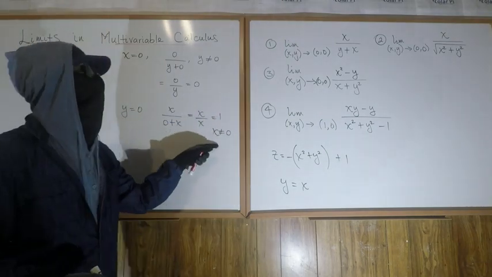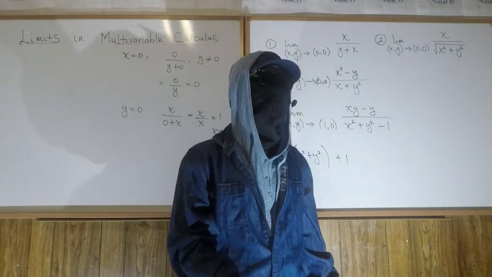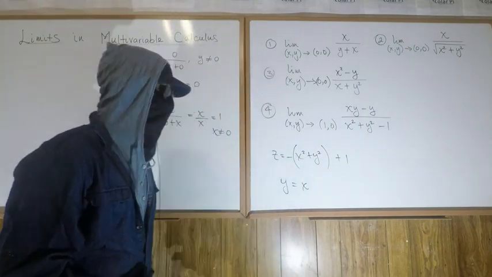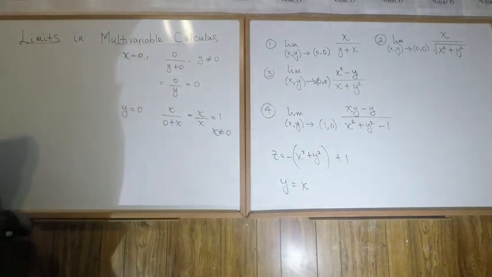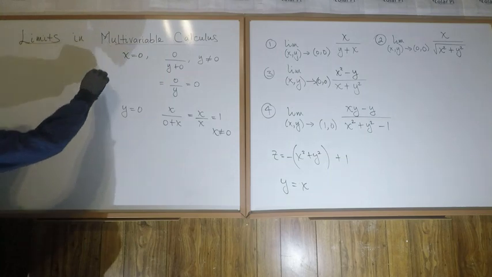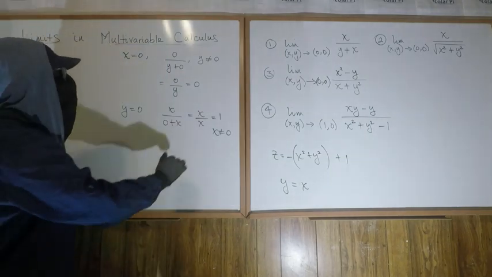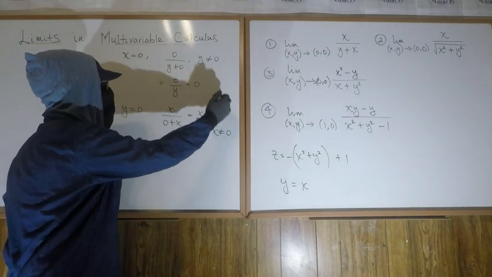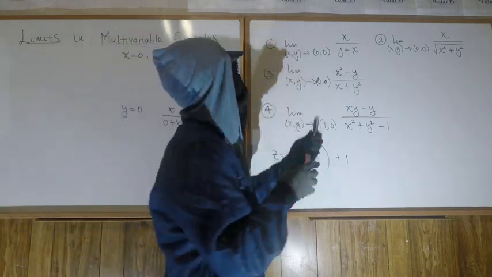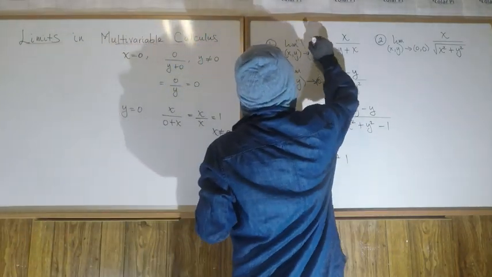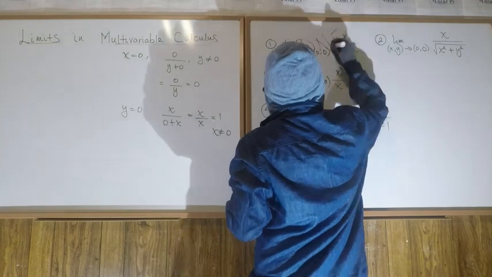Again, we're allowed this qualifier for the same reason we're allowed the y is not equal to 0 qualifier. Okay, so we see that as we approach along two different lines, x equals 0 and y equals 0, namely, we get two different limit values, 0 and 1. So the limit does not exist. So we go, does not exist.